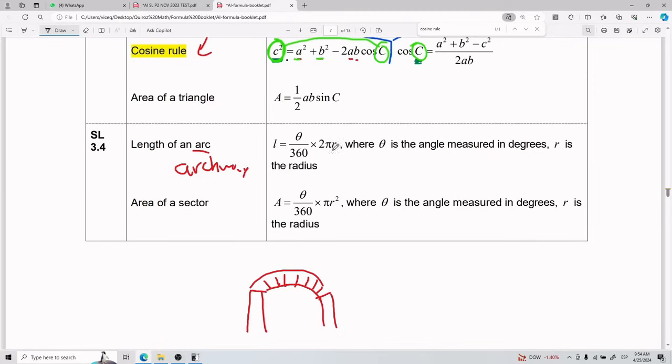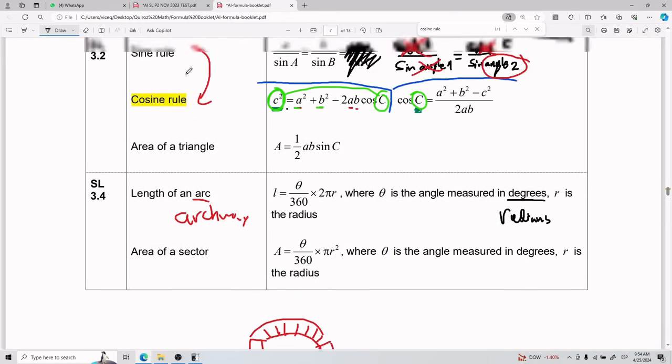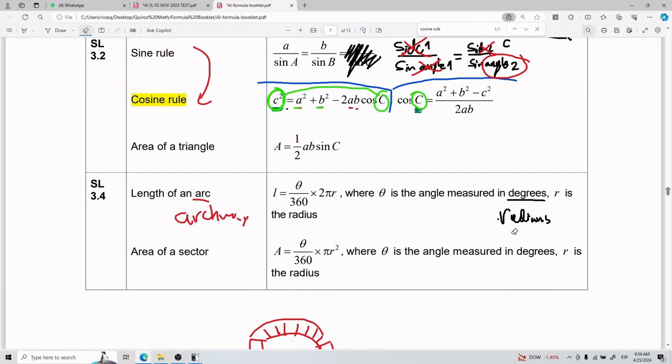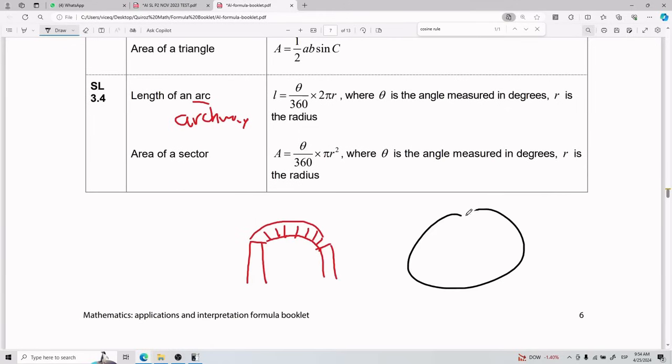So theta, they tell us, is the angle measured in degrees. It's just a normal way to call an angle. You also have radians, but for the IB AI SL, I'm pretty sure we don't care about radians, all right? And they also tell you that r is the radius. Radius for a circle would be from here to here, this is radius, okay?